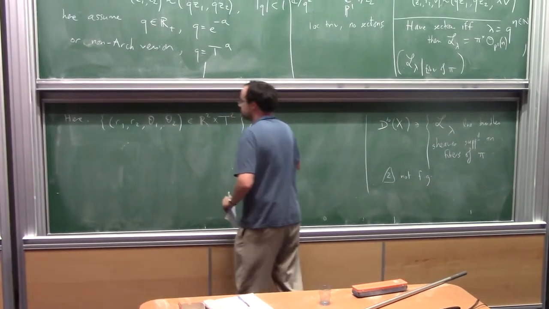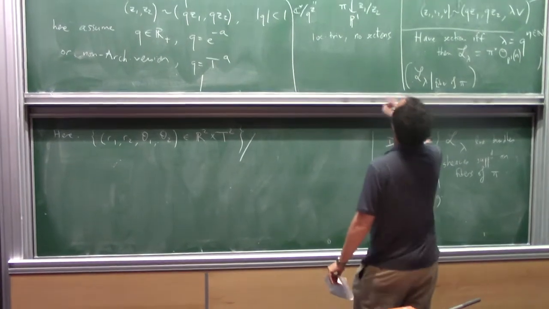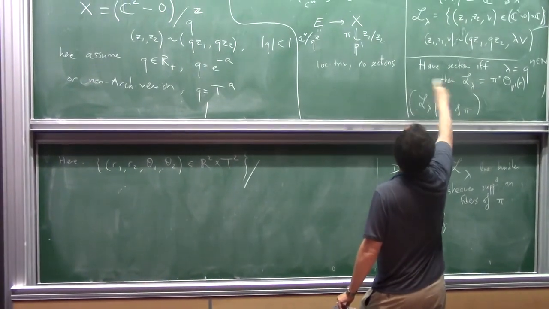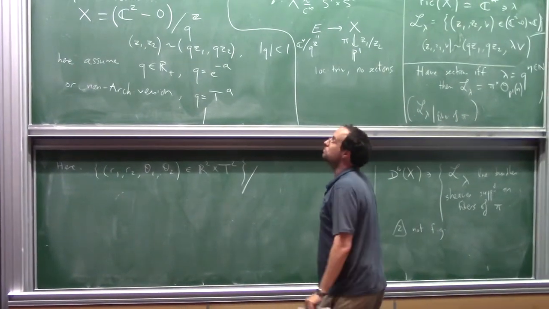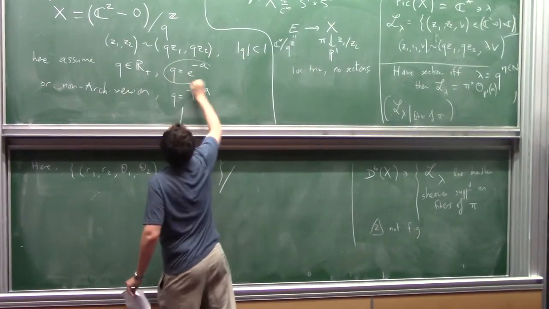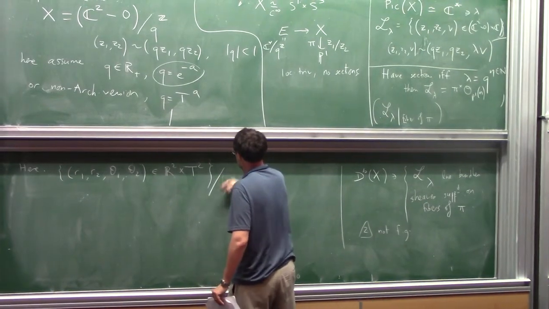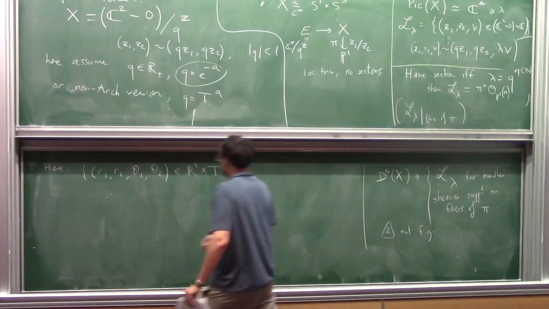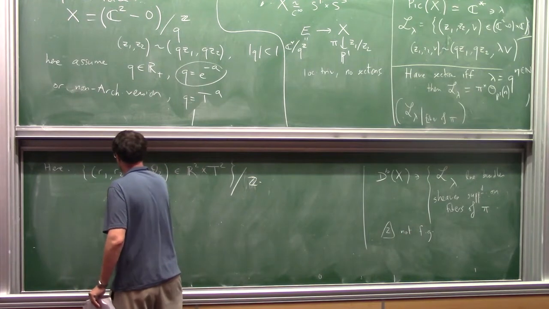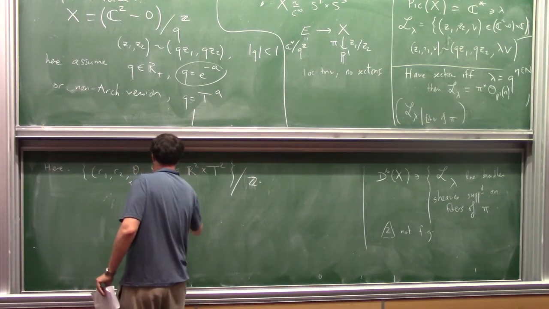But of course, we have to remember, this was the mirror of (C^*)^2, that we quotient by rescaling by Q. And remember, I wrote somewhere Q is the exponential of A. So this is mod an action of Z, where the action of Z just translates R1 and R2 simultaneously.